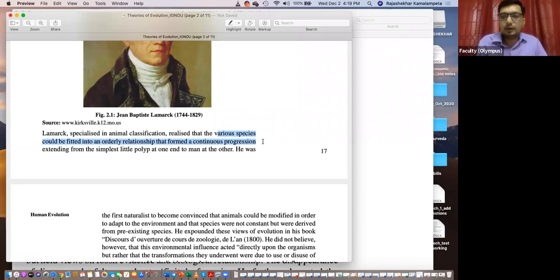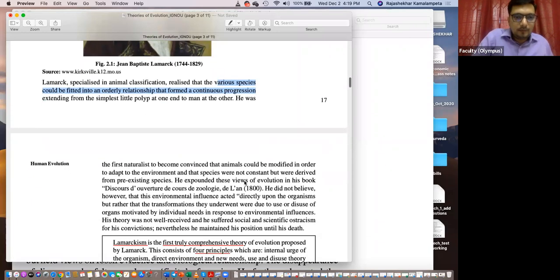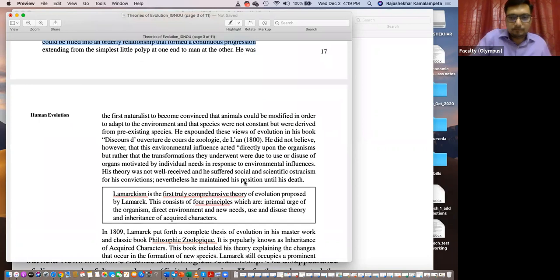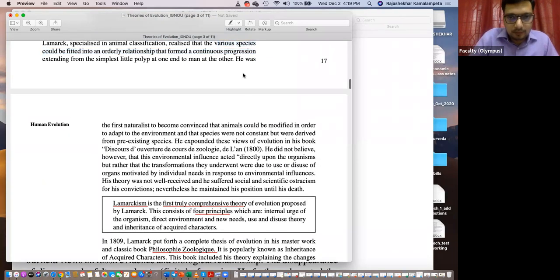But he wanted to explain it. He put forward his theory of why they changed and where the change happened. That is where he went a bit wrong. He definitely believed that animals could be modified in order to adapt to the environment, and that species were not constant or fixed, but derived from pre-existing species.